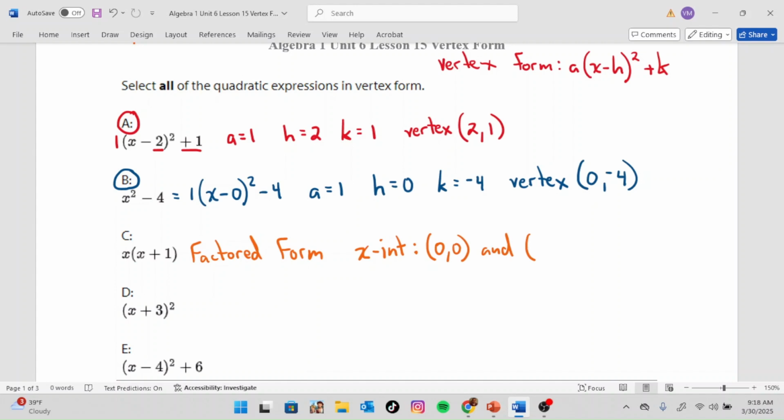And if x plus 1 equaled 0, then x would be negative 1. So C is incorrect. It's not in vertex form. It's in factored form. We're not going to be able to identify the vertex from it, but we can find the x-intercepts.